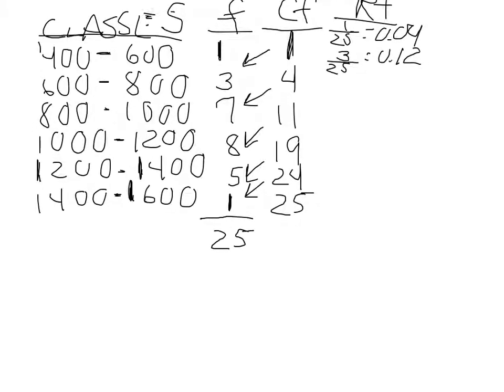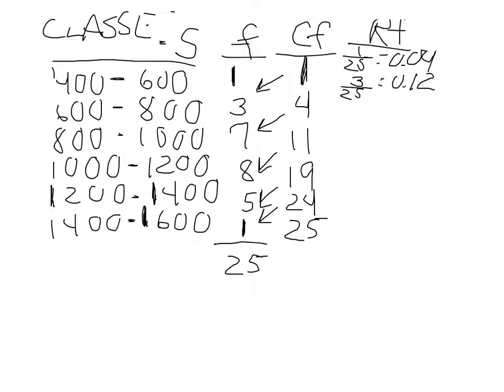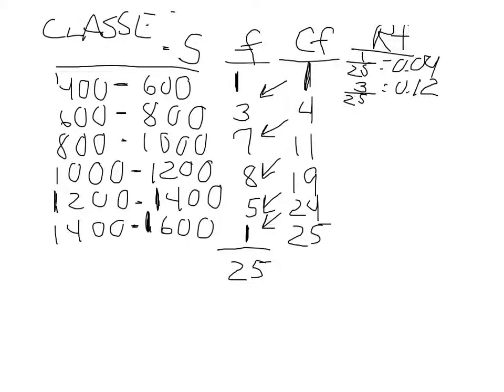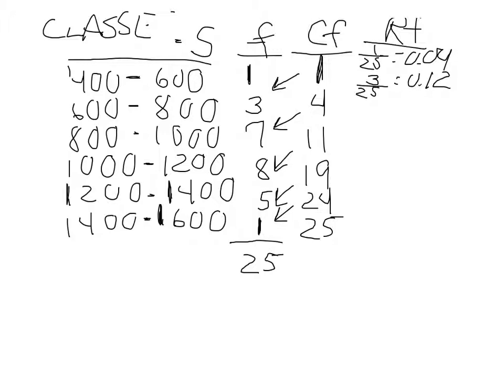You've got 7 over 25, and that's equal to 0.28. You have 8 over 25, and that's equal to 0.32.